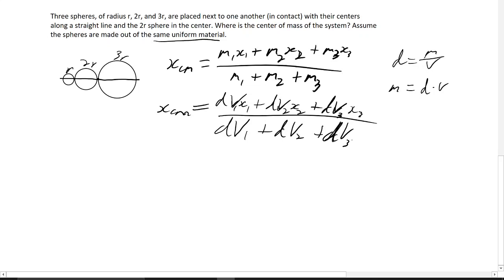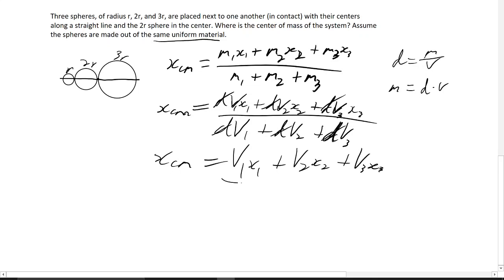And notice how every single term, top and bottom, has d, so that means we can cancel it out. And we're left with x center of mass equals V1 x1 plus V2 x2 plus V3 x3 divided by V1 plus V2 plus V3.